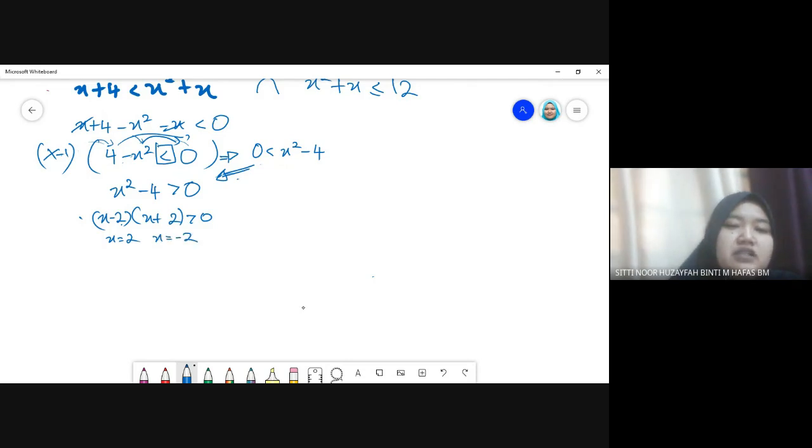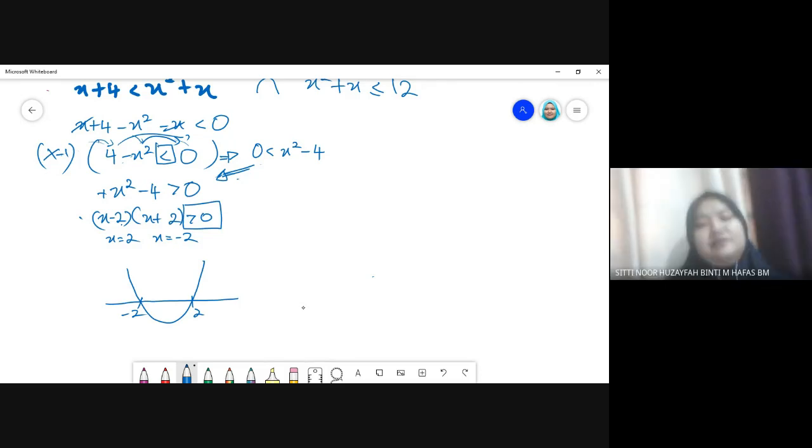So saya lukis kuadratik saya. Smile sebab positif, sentiasa positif. So kita ada negatif 2 dan 2 dan kita nak yang more than. So more than kat mana? Atas. So jawapan dia adalah a set of x such that x less than -2 or x more than 2.